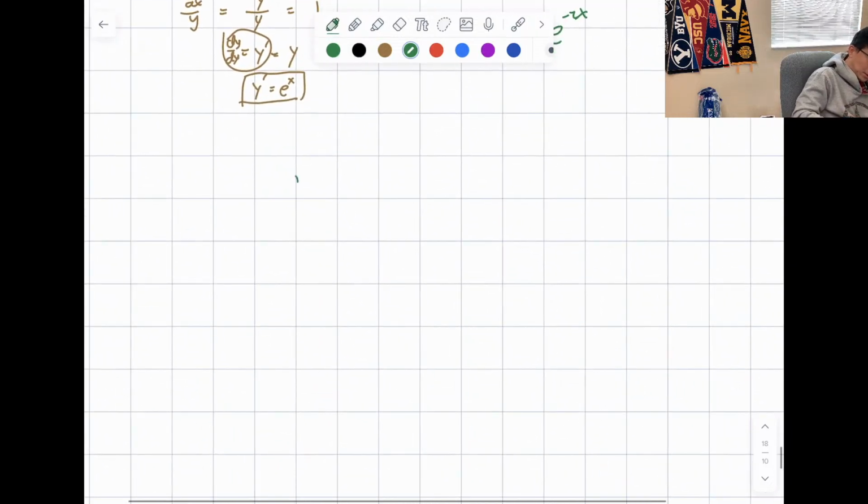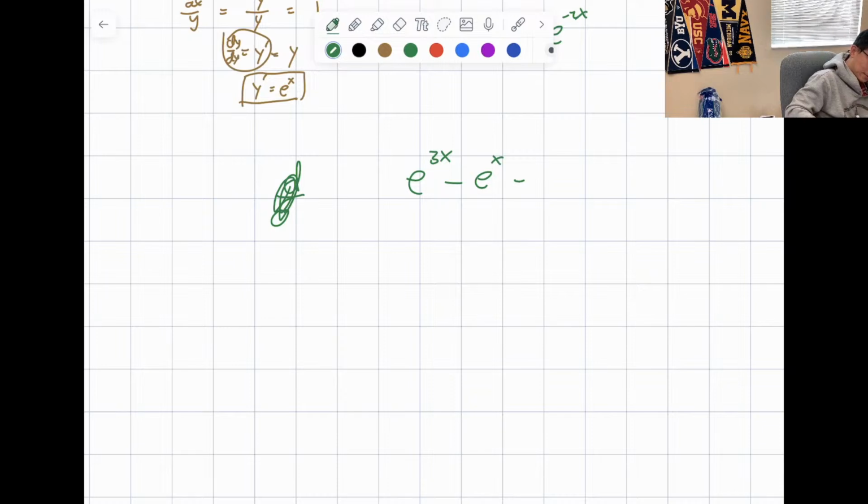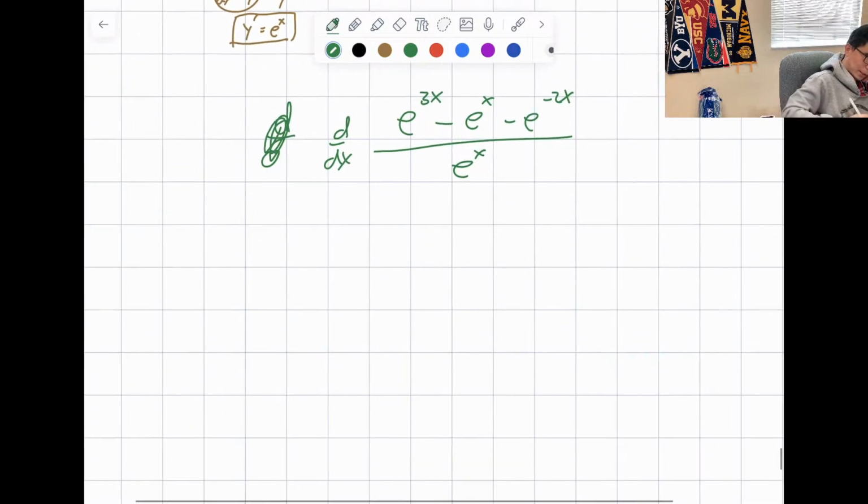What's the derivative of this? Now you might need to think about the math first. Okay, so I want to take a derivative of this. How do I take a derivative of this? Very good. Can I split? Yeah, of course.